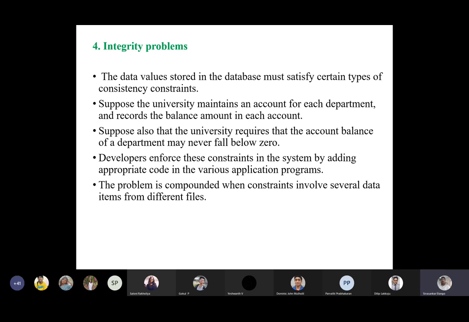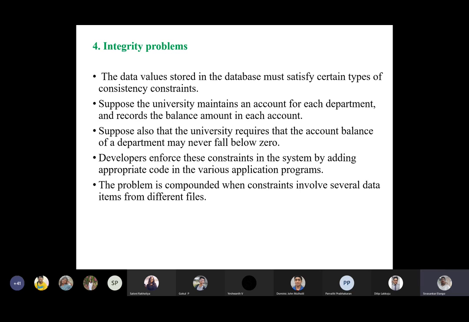Similarly, a bank may have some constraint like the account balance should be greater than 1,000 rupees. The account holder should be residing in that particular locality or in that particular city, right? For example, you start an account in SBI NIT Trichy. They have their own constraint, like only the students of NIT Trichy will be able to have their account in NIT Trichy.